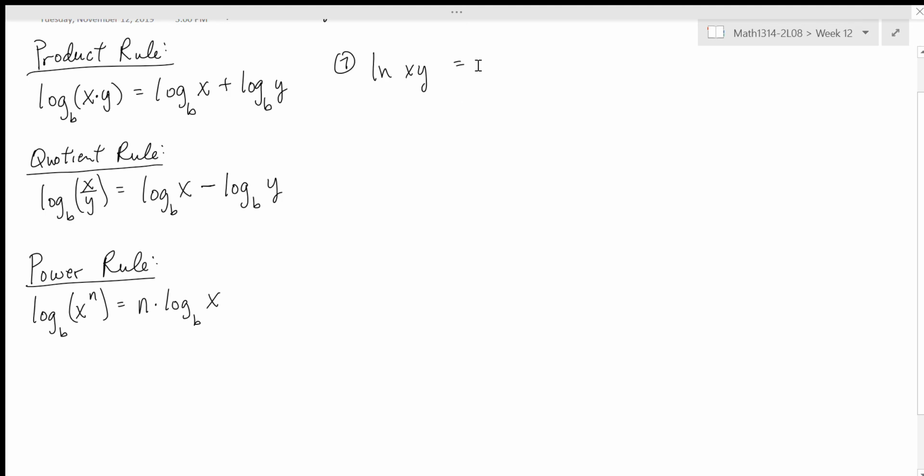The product rule, because I'm taking the log of 2 things that are being multiplied. So the x and the y are going to get separated. Maybe it's only a trial separation though. They each get their own log cabin. And multiplication turns into addition. Oh, look at that. That's done. That's all there is to that.